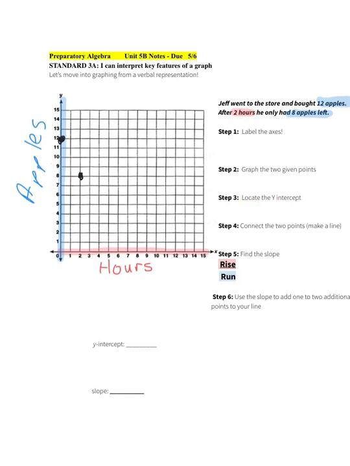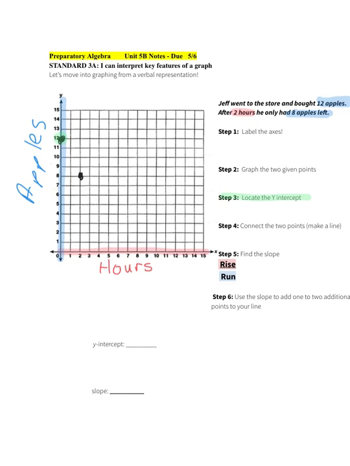Next, I'm going to locate the y-intercept. Remember, the y-intercept is when x is equal to 0. We can see right here, or your starting point. So x is 0 when apples is 12. Or the starting point is 12. So that is my y-intercept.